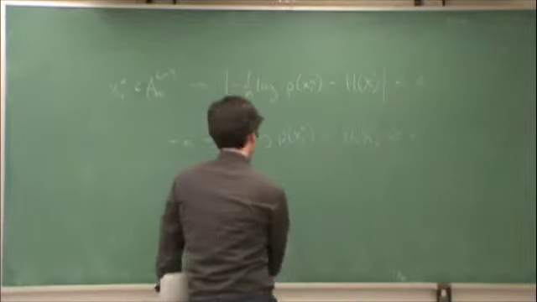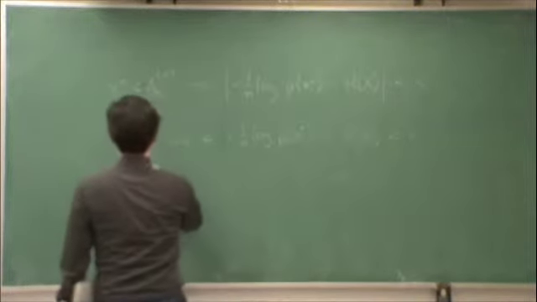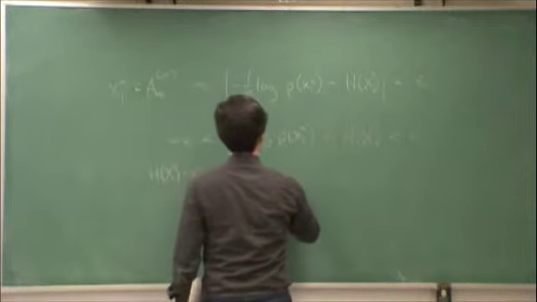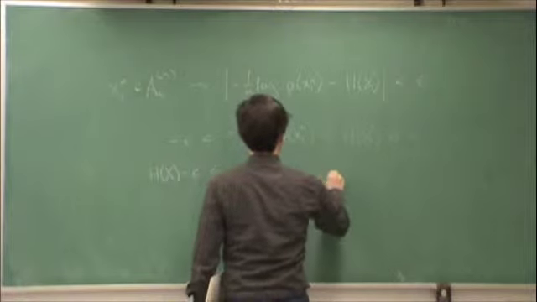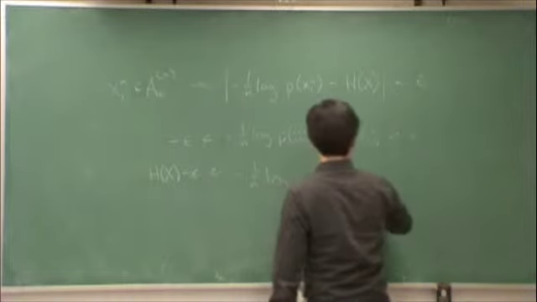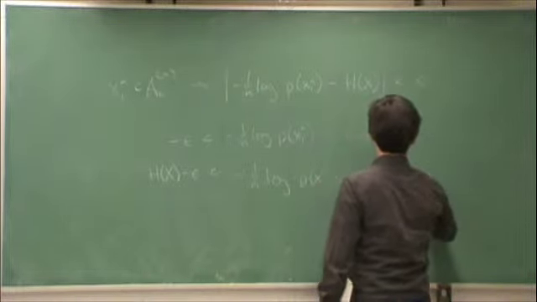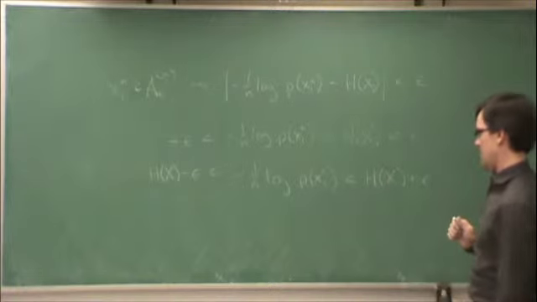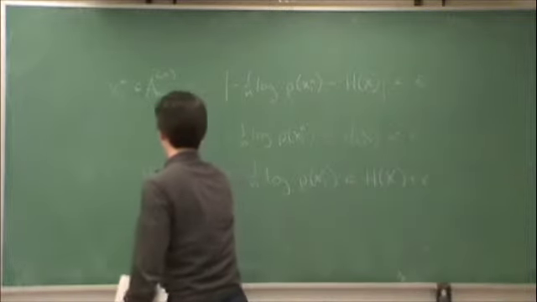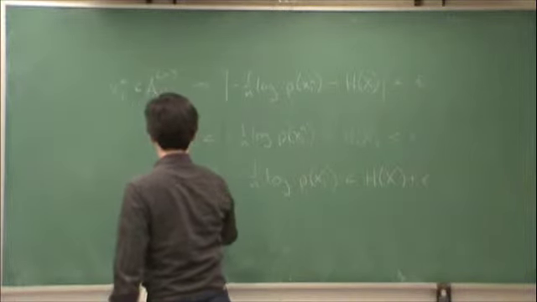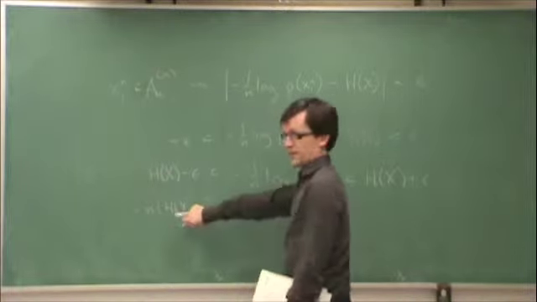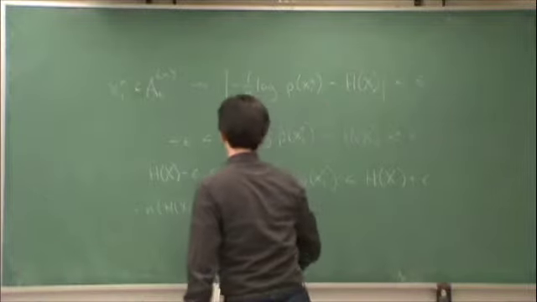If I add h of x throughout, then multiply that throughout by minus n. Whoops. Because I multiplied by a negative number, these switch sides.